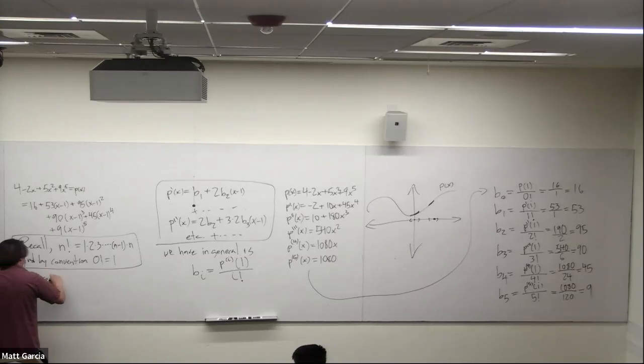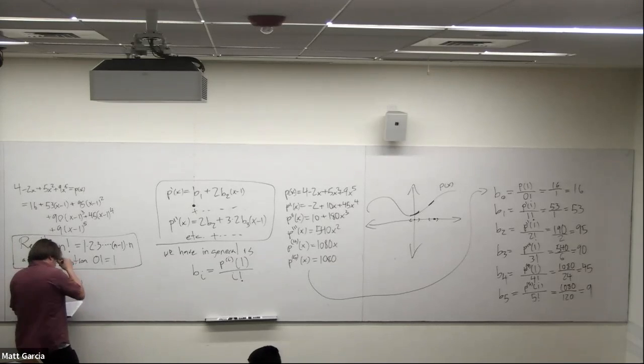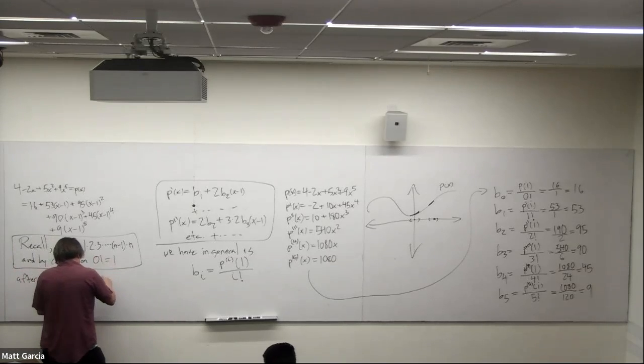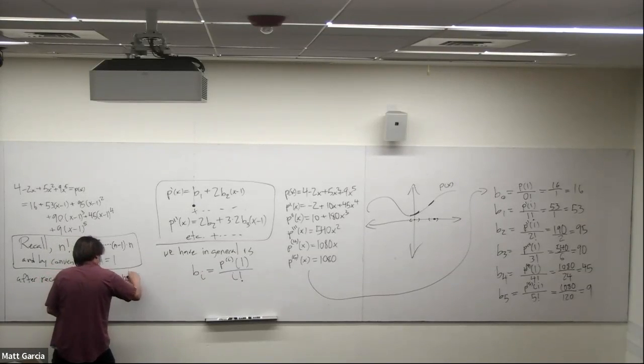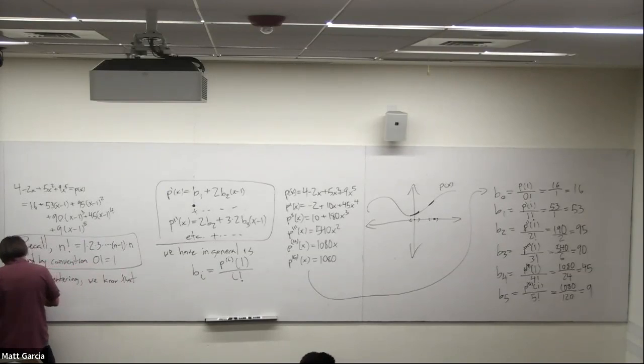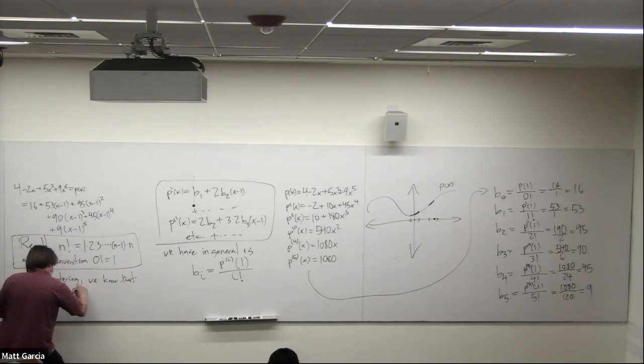After recentering, we know that, for example, P1 of X, which is equal to 16 plus 53 times (X minus 1).